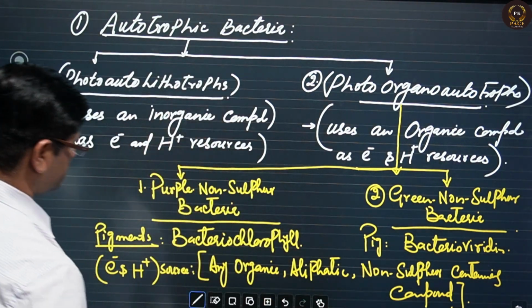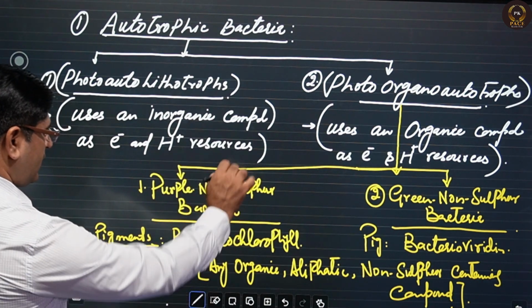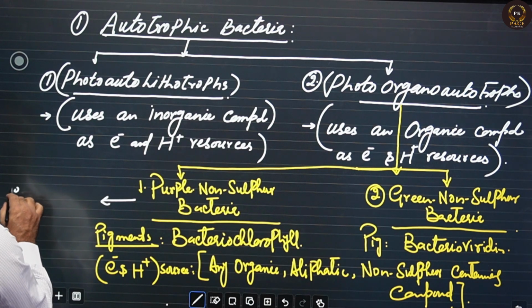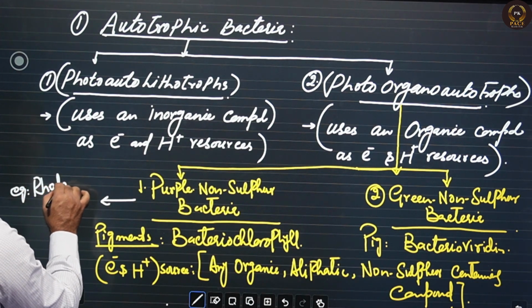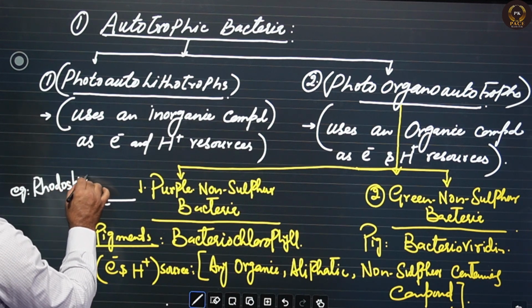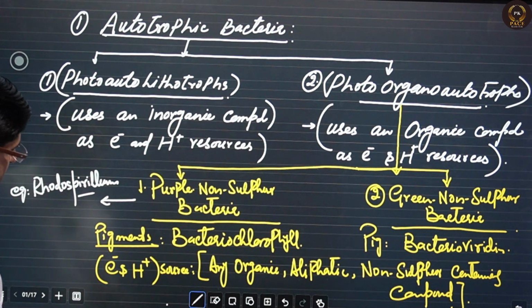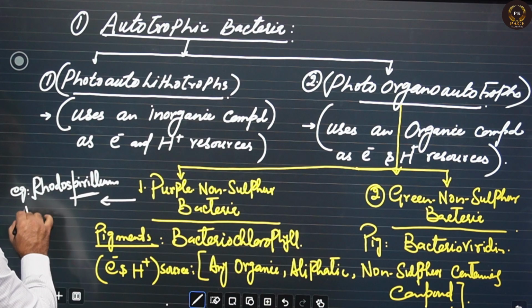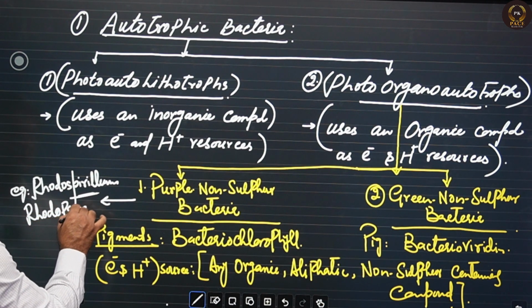Okay, remember this. Some examples in the purple non-sulfur bacteria are Rhodospirillum or Rhodopseudomonas.